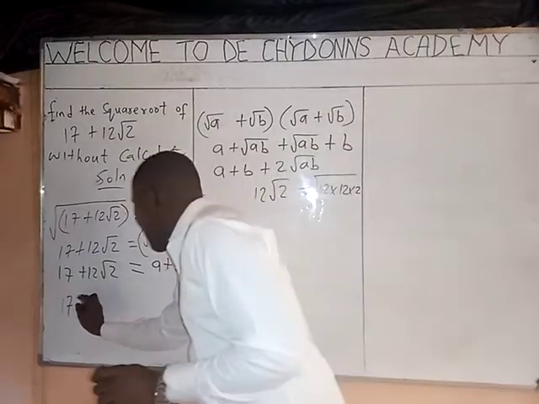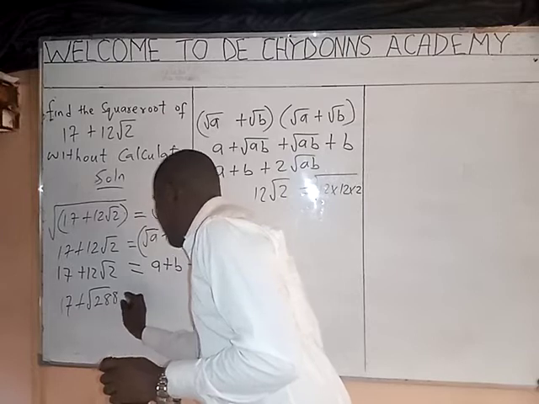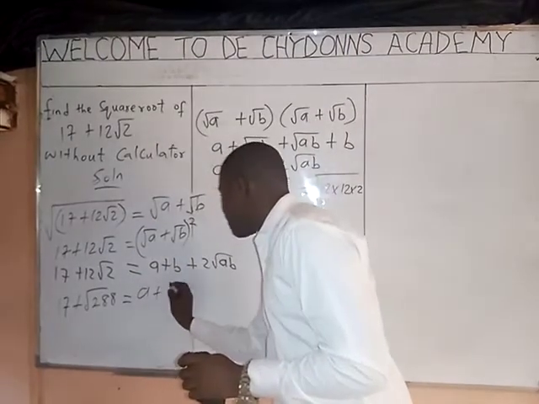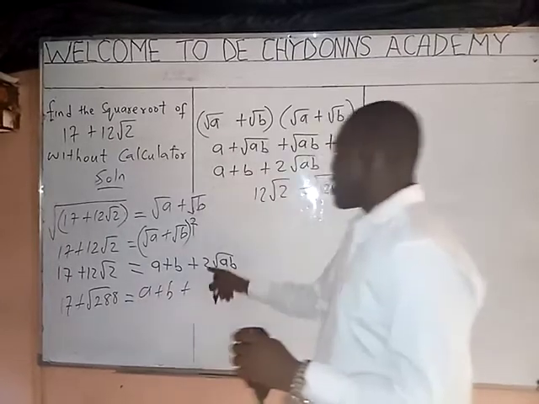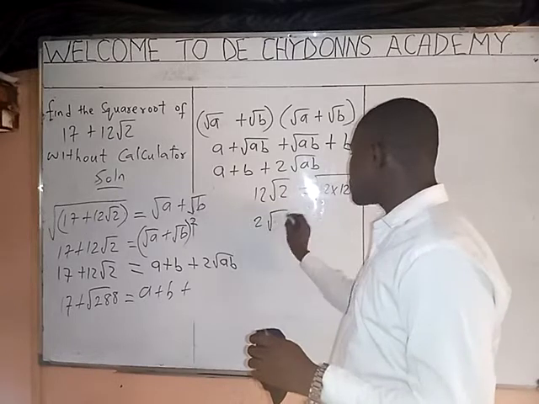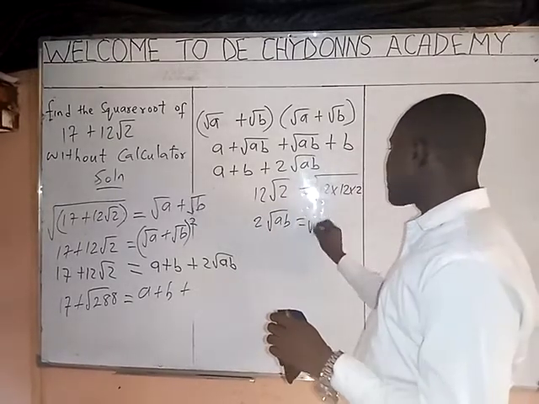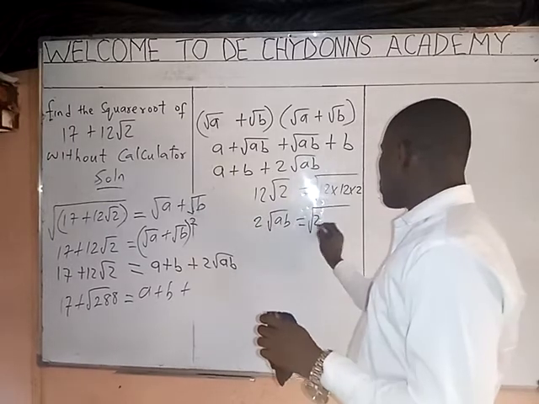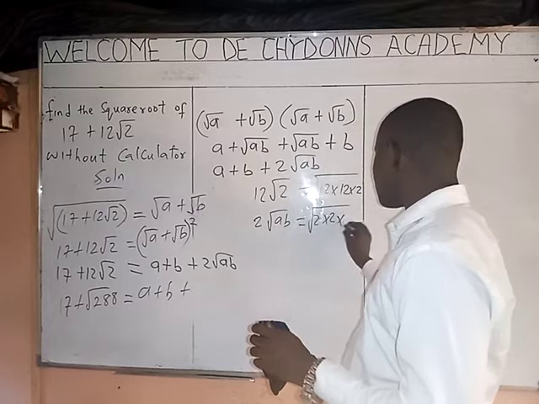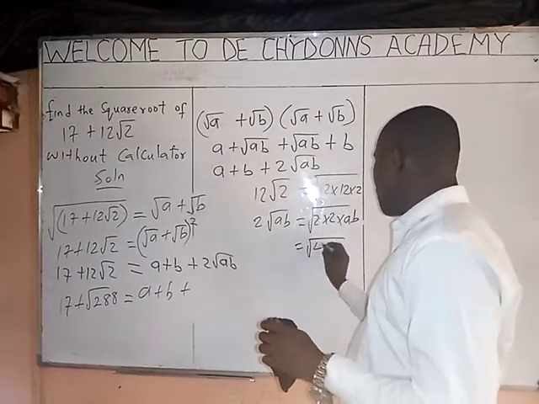Then you'll have the square root of 288 equals A plus B plus, carry this 2, bring it inside. When you have 2√AB, bringing this 2 inside the square root gives you 2 times 2, then times AB. 2 times 2 gives you 4.